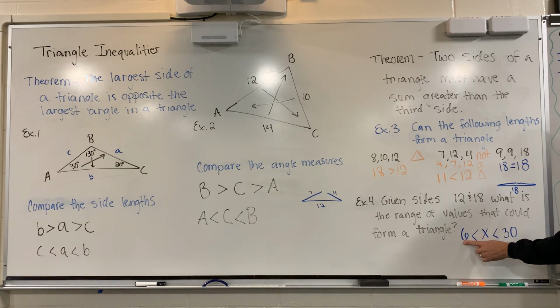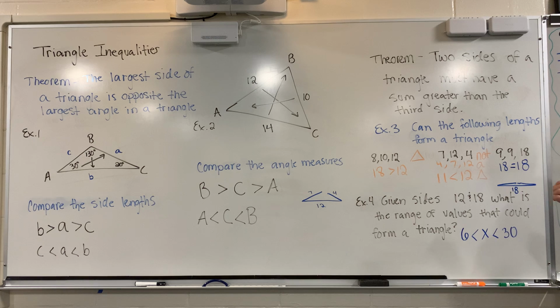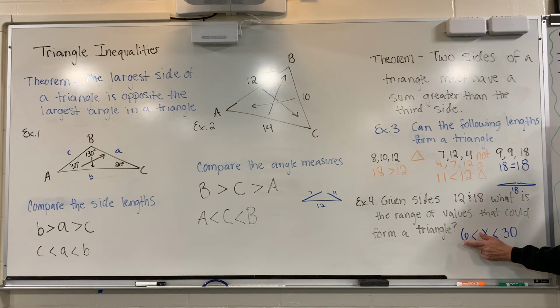If I said 6, all right, 6 plus 12 is 18, and 18 is not greater than 18, so 6 won't do it. But if I said the next number up, 7, 7 plus 12 is 19, and 19 is greater than 18, therefore it works. So I know that the number is somewhere bigger than 6, but less than 30.